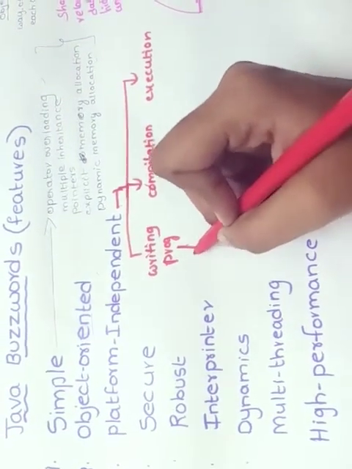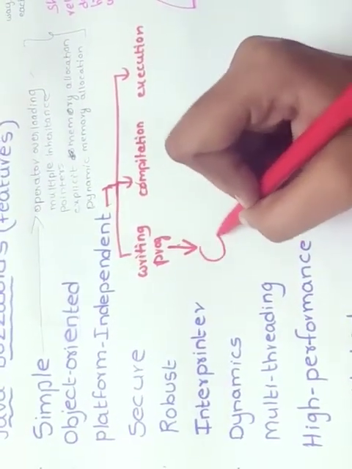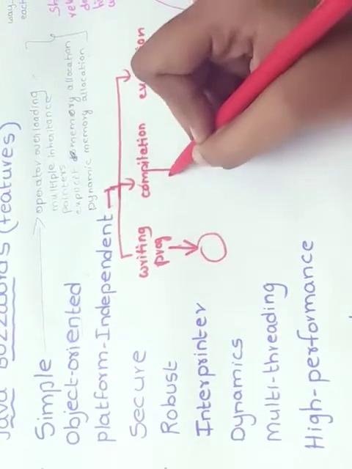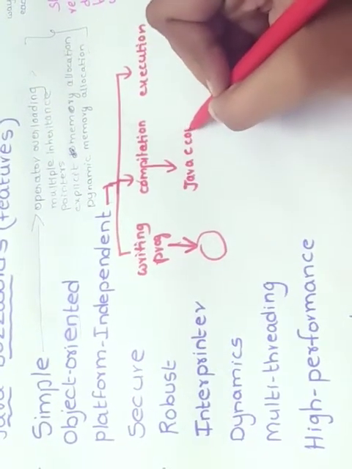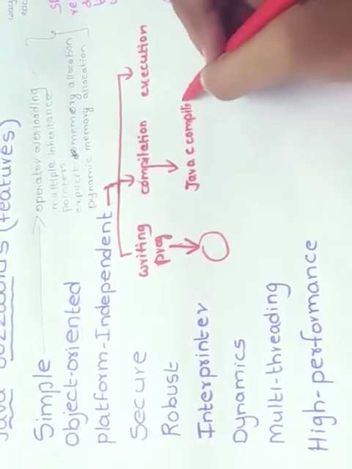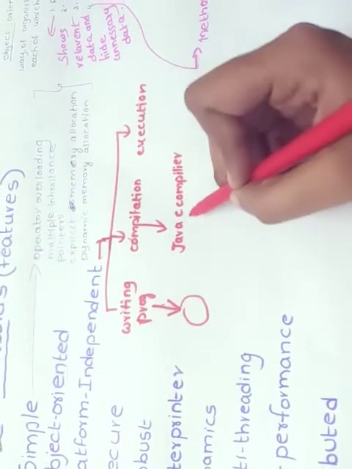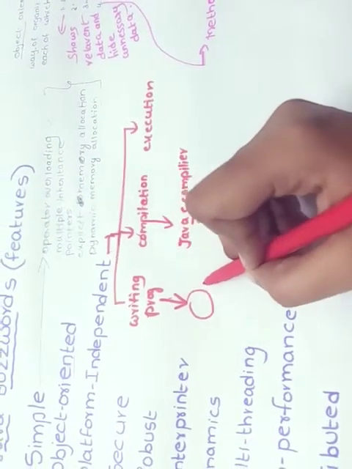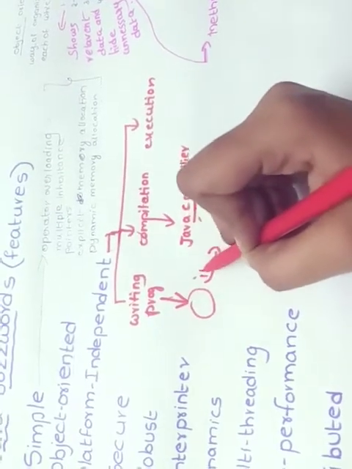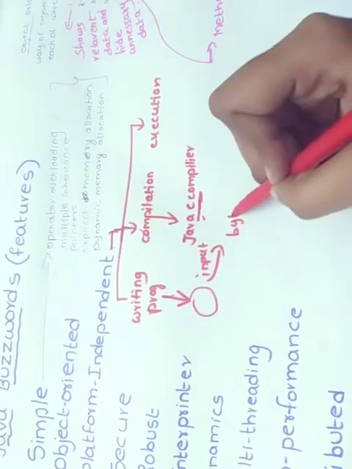Writing the program is done by Java programmers like you and me, anyone. Compilation of the program is done by the javac compiler. This compiler takes the Java program as input and converts it into bytecode as output.